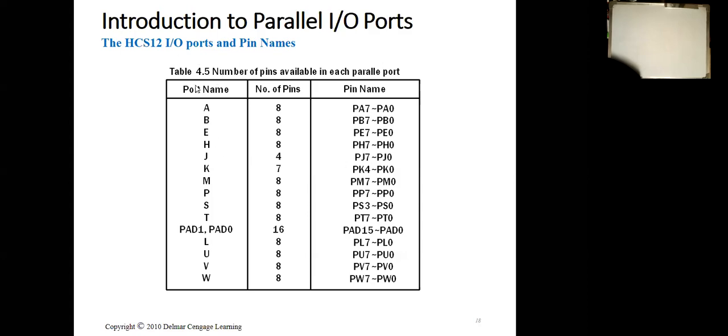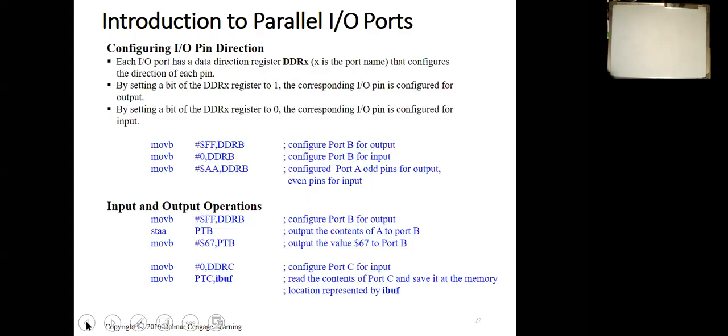This table shows the ports, the names, the number of pins associated, and the names of these pins. As we saw last time, when you refer to these pins and ports, you usually use the names instead of the addresses and bit numbers, which are defined in the include file that you put in your program.